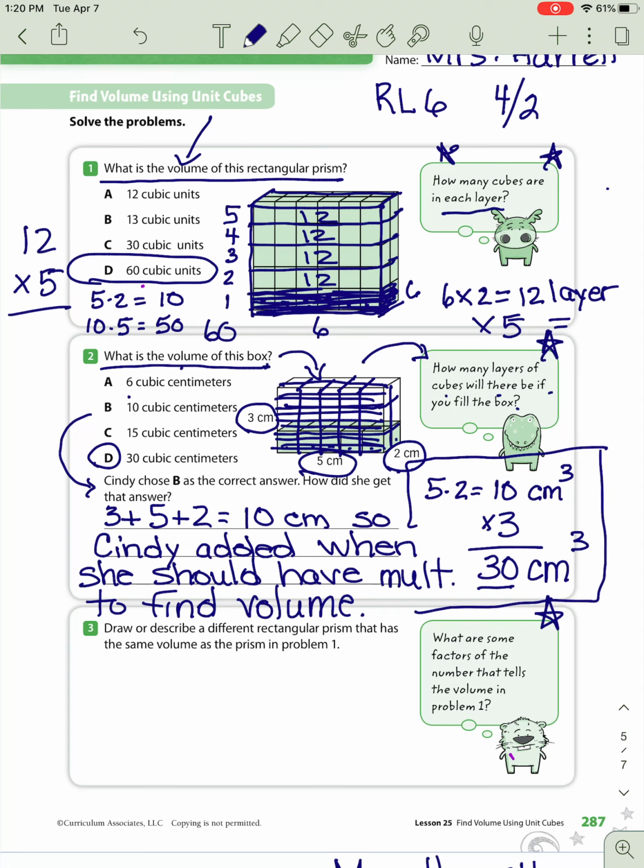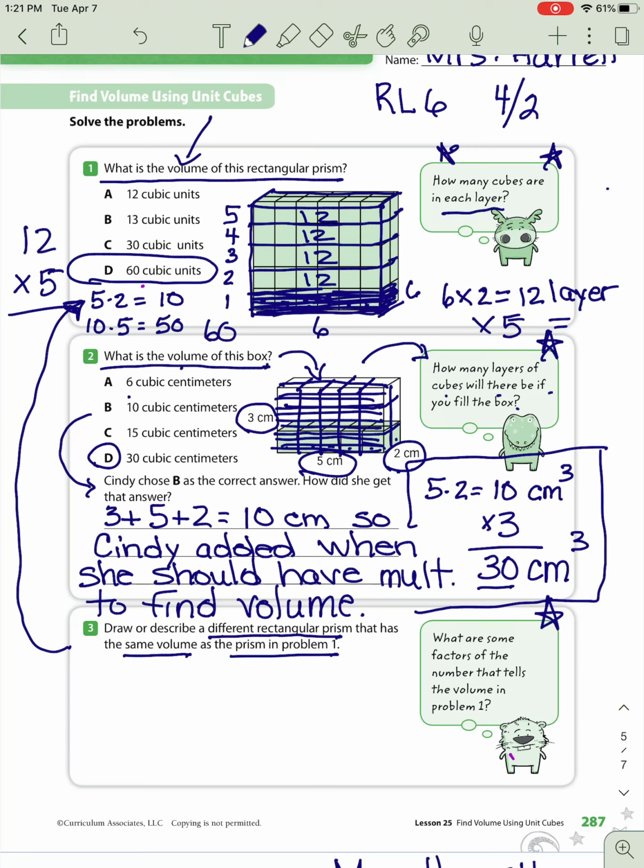All right. Number 3, draw or describe a different rectangular prism that has the same volume as the prism in problem 1. Okay, so I'm not going to 2, I'm going up to 1. So up at 1, it had a different rectangular prism that has the same volume.